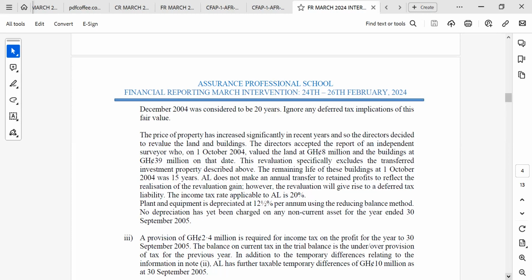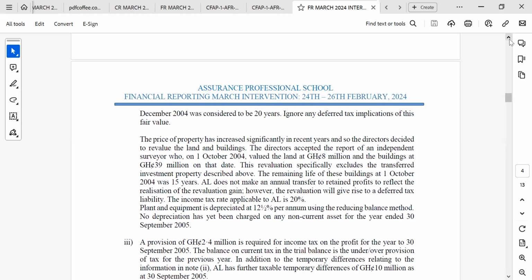So you can see that there is an issue of revaluation here, isn't it? When was the revaluation done? 1st October. So whenever revaluation is done, what do we have to do?